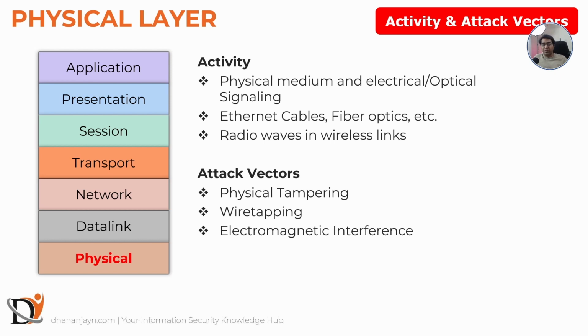Most of the time signal jammers or EMIs are used, which create a magnetic field around the transmission media. For example, it could be an Ethernet cable, Cat 5 or Cat 6 cable. If somebody puts a high voltage line near the LAN cable, there is a chance that electromagnetic interference may get created and the signals transmitted through the LAN cable may get dropped during the communication.